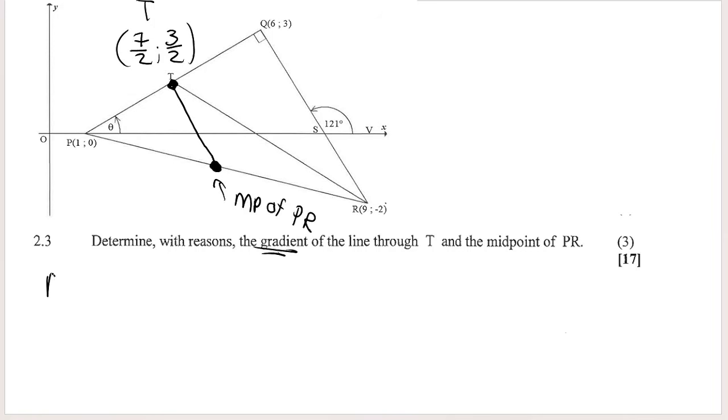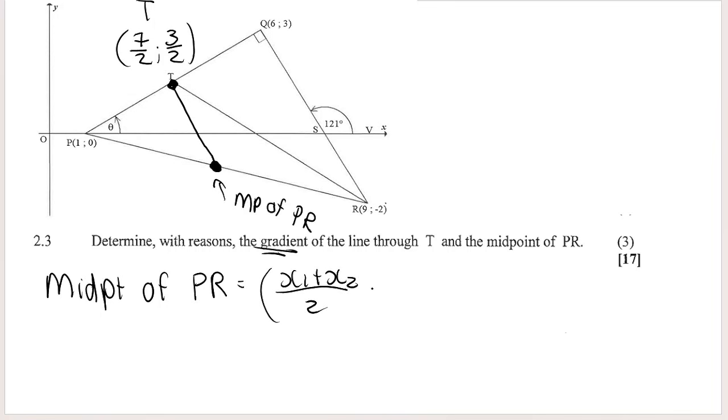So if I say midpoint of PR, we know that we use x1 plus x2 divided by 2, y1 plus y2 divided by 2. So let's use the midpoint formula. Let's sub in. Remember, P is my one coordinate, R is my other coordinate. I'm going to use those two to find the midpoint.